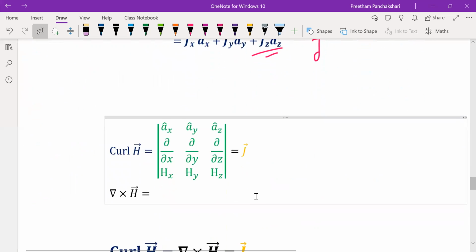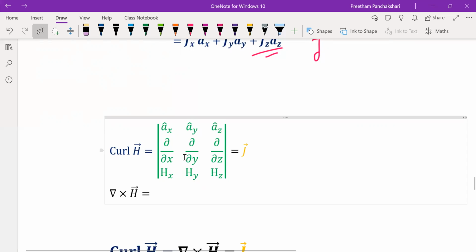This determinant solution is quite difficult to remember, but writing this determinant is very easy. We can solve it whenever we want to know the value of curl. Okay. So because of this determinant, we can write curl H as del cross H. We know that in the cross product, the first row is always unit vectors.